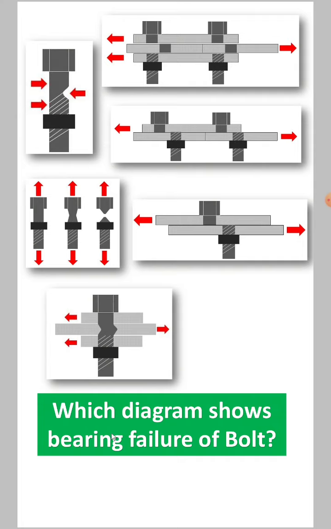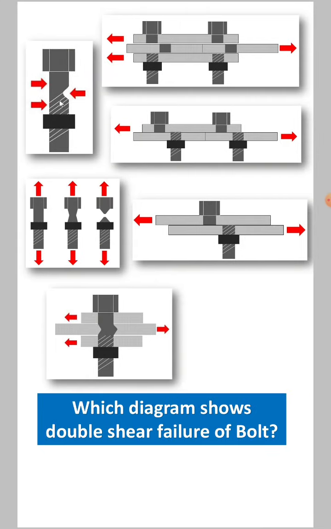Now we are at bearing failure of a bolt. On this page, this is the tensile failure, this was the bending failure. These are seemingly the shear failure, therefore this one. Look at this one, bearing failure of the bolt has taken place. Let's click this one.